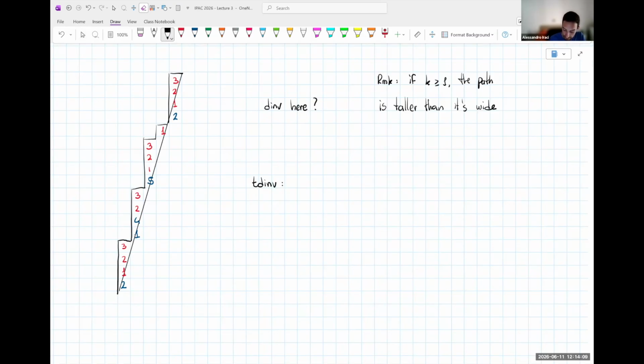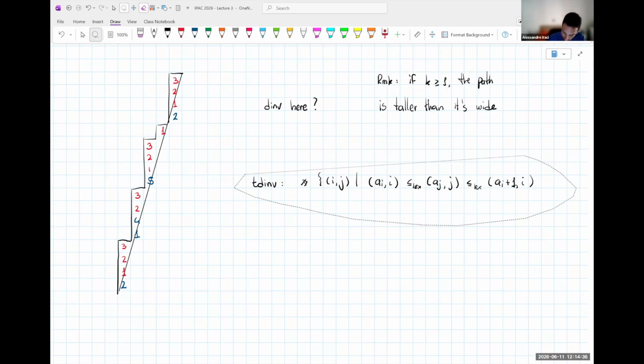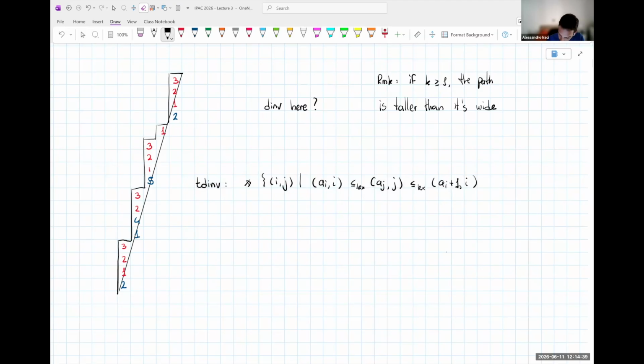which is the number of pairs i,j such that a_i is less or equal in lexicographical order than a_j, which is less or equal lexicographically than a_i plus 1, and w_i is less than w_j.